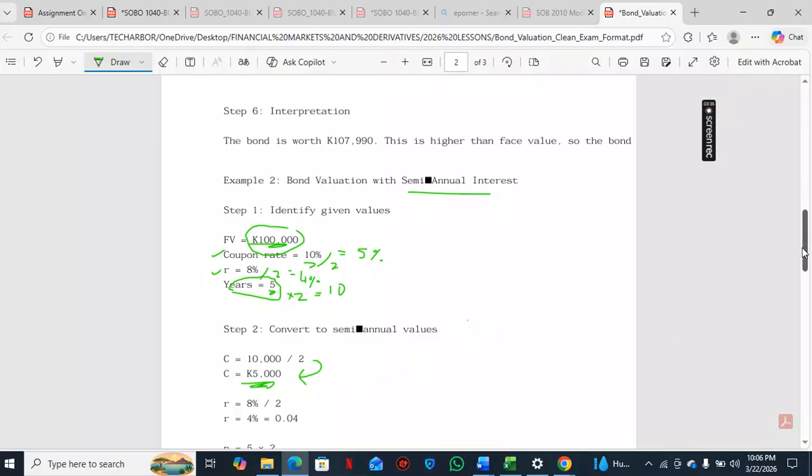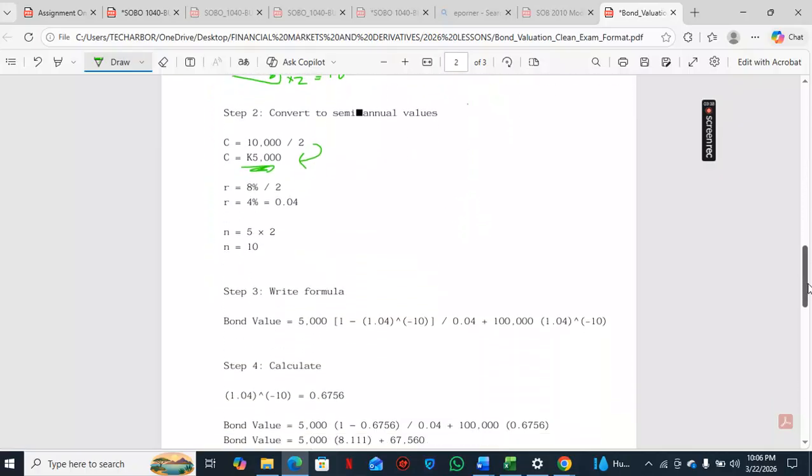Okay, that's how the payments are going to be. Then we get back to our formula for the bond.